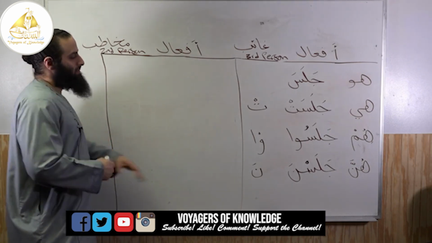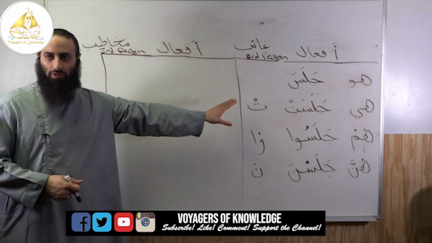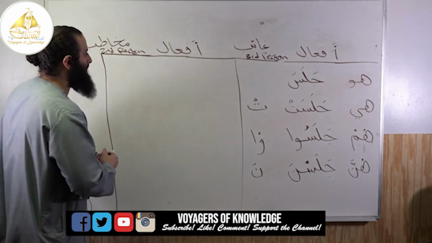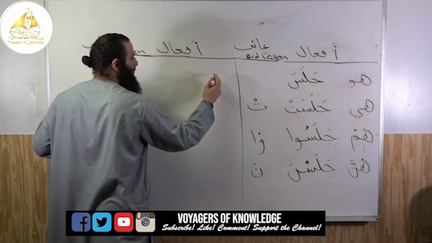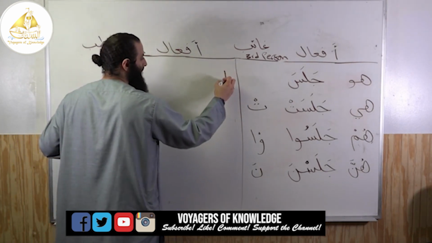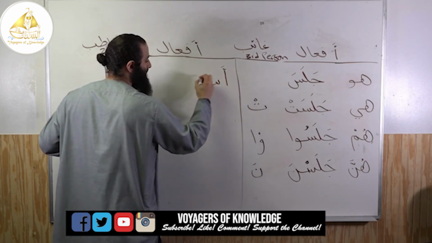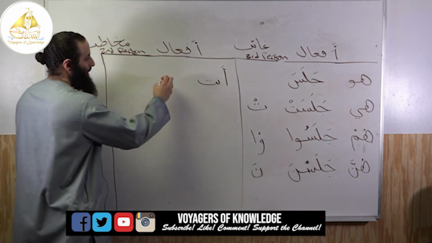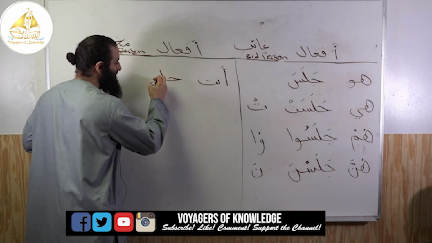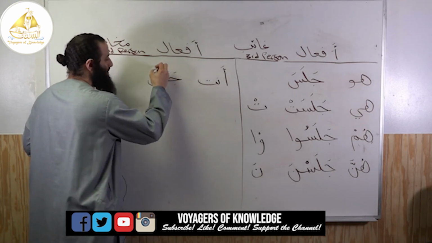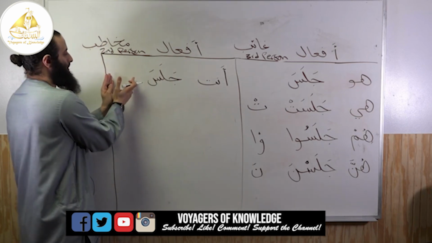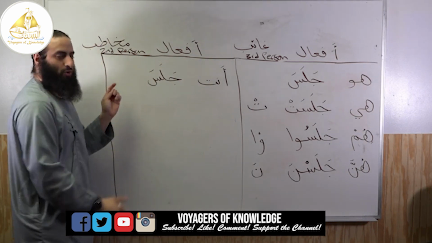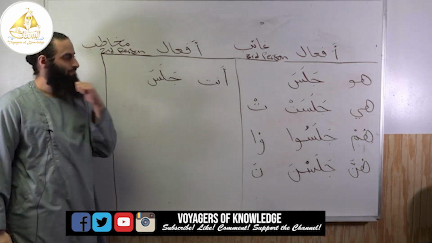Okay. Su'al. Question. Next. What we're going to take here is for anta. Correct? And now we have jalasa. What is the letter that we use? What's the dhamir that we add?